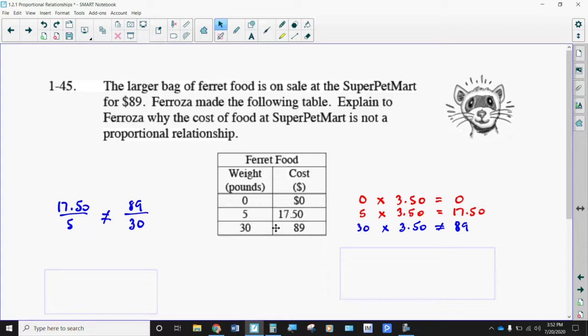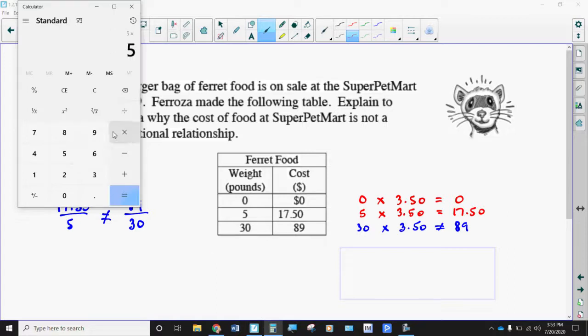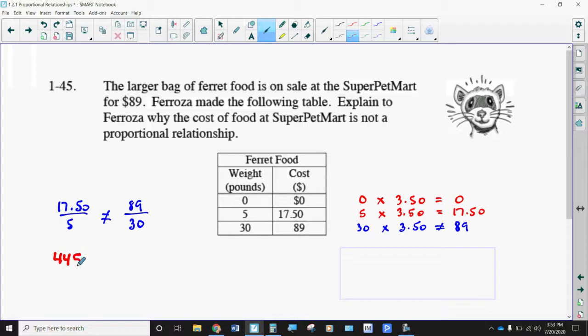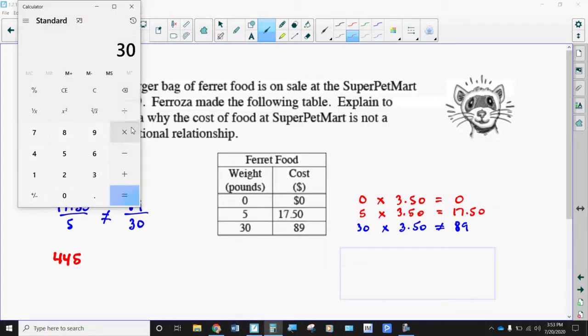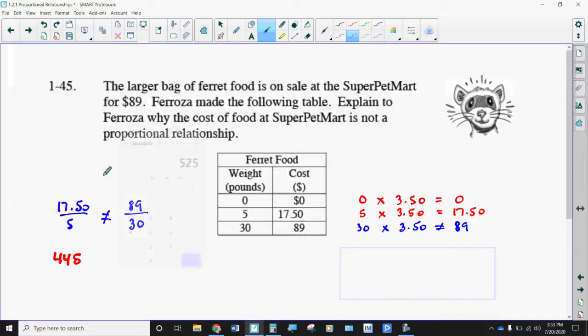And if you were to take these 2 points and set them up as a ratio, you would see that the cross products are not equal to each other. So if I took 5 times 89, I would get 445. And if I took 30 times 17.50, you get 525.